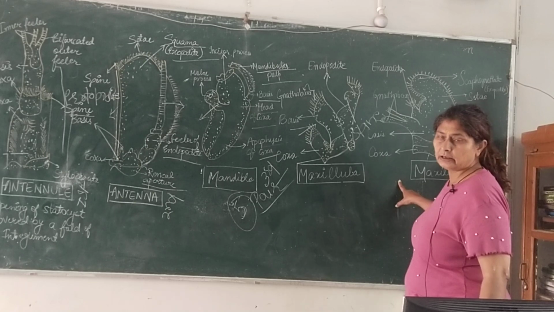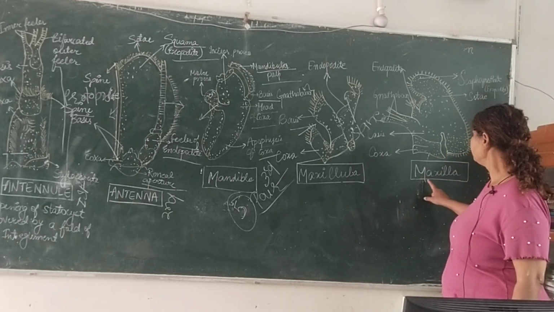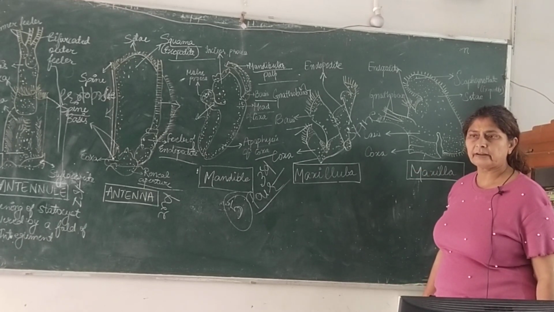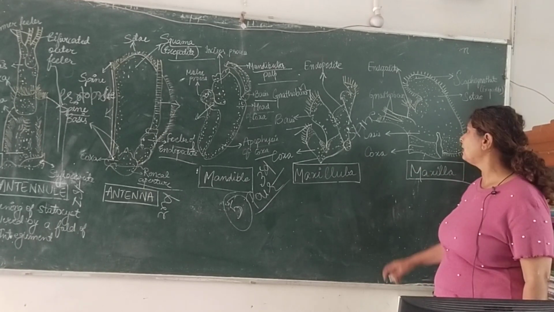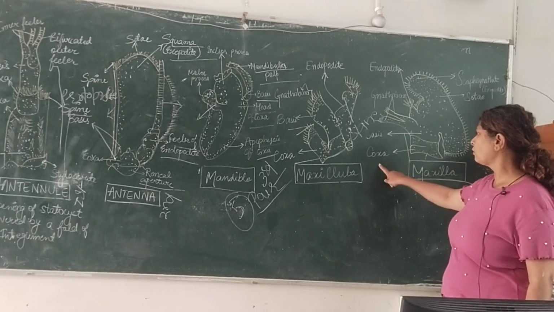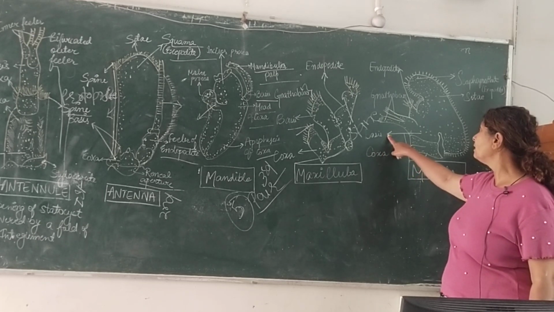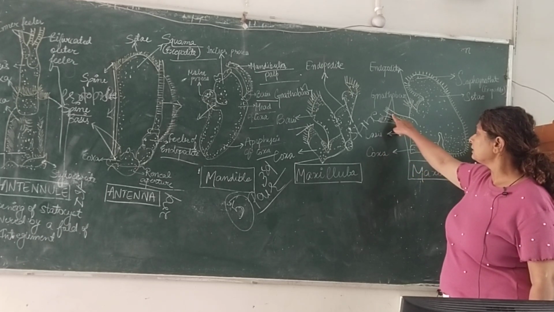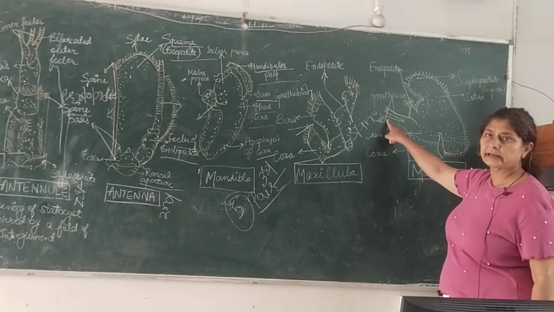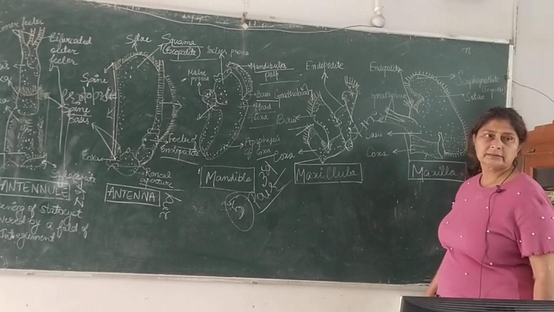Innermost, last one, of the cephalic thorax is called maxilla. This is again one pair, maxilla. It is again protopodite, coxa and basis. On the inner side there are also tube like structures that arise, and they have fine threads.